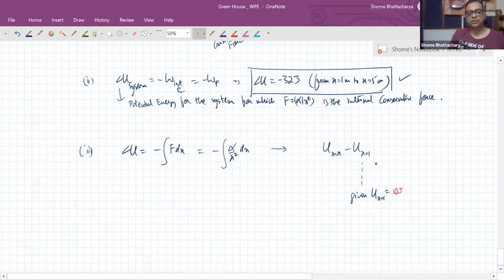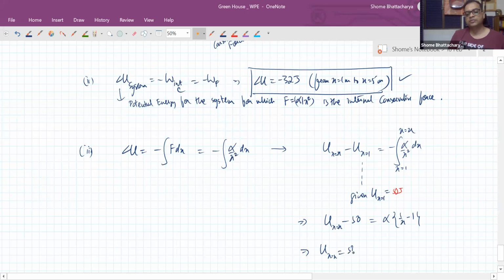So this should be equal to, on the other side, from x equal to 1 to the general value of x equal to x. So potential energy at x equal to x minus 50 is equal to alpha into this. So potential energy at x equal to x will become 50 plus alpha into 1 by x minus 1.